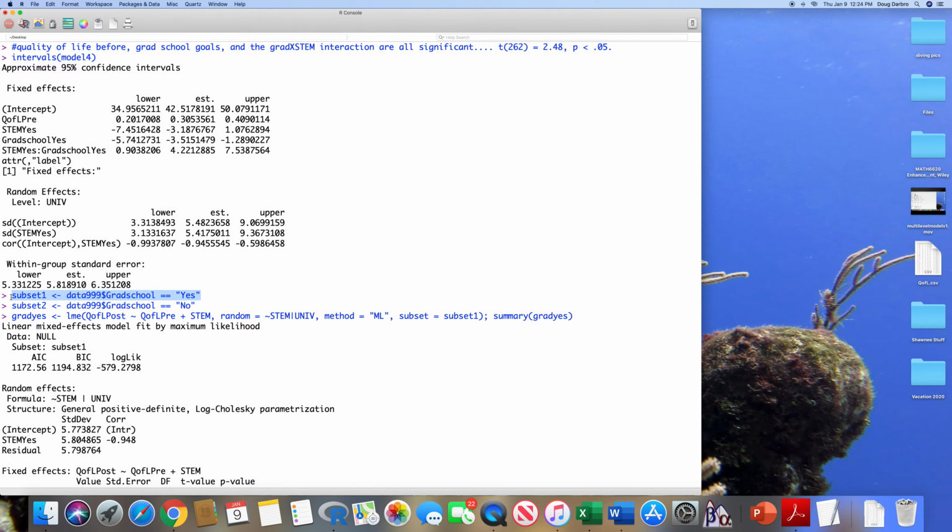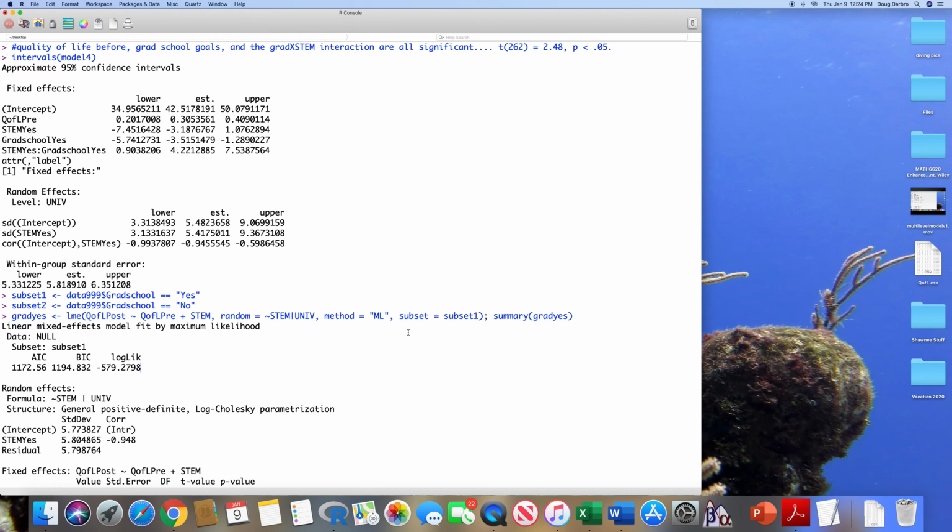Now, to dive deeper into the intercept, what I did first is I came in and created a subset. So I want to look solely at those who intend to attend grad school versus those who do not intend to attend grad school. So I'm creating 2 subsets, all right? And what I did is I created a model for those students who intend to attend grad school.